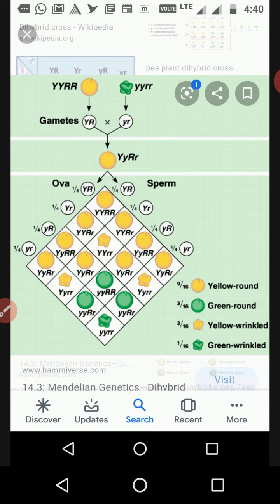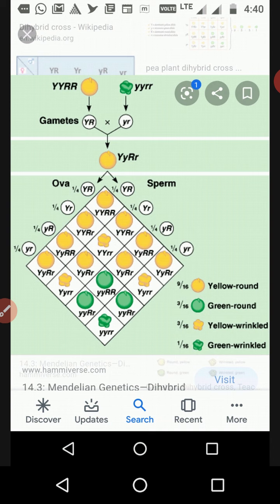You have to see another portion of this practical, and in the F1 generation you have to collect another diagram, and that is the pollen grain.